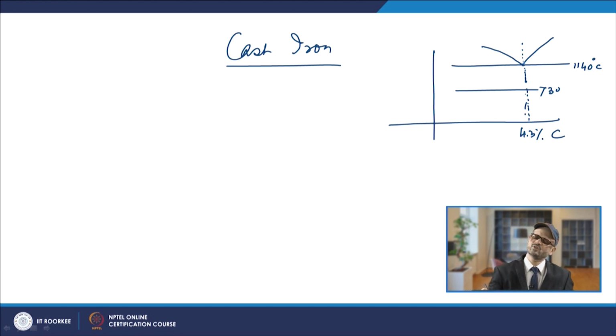If you have the composition towards either side, it will give you a different kind of structure. If it is hypoeutectic, that is less than this, you will have proeutectic austenite coming out, because on this side it will be touching the austenite line, and on this side you will have ledeburite.